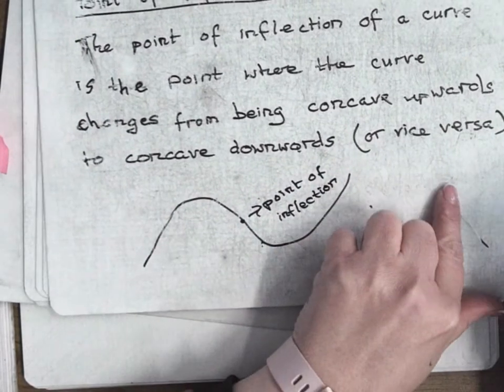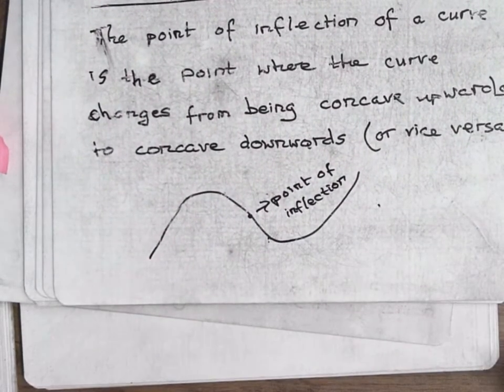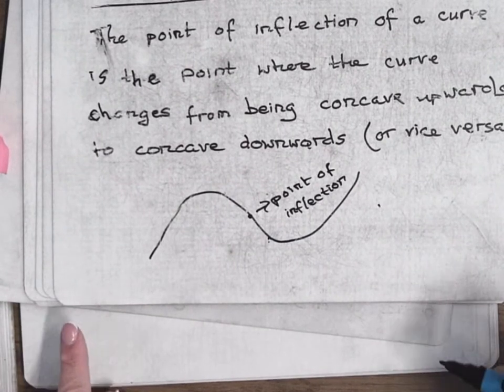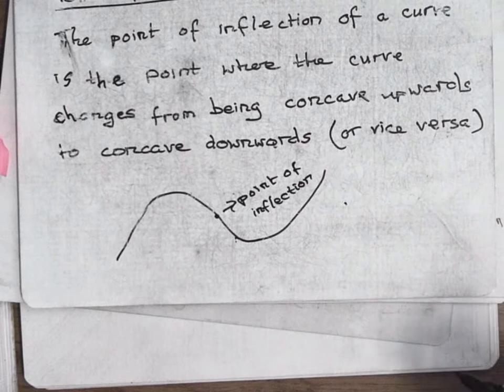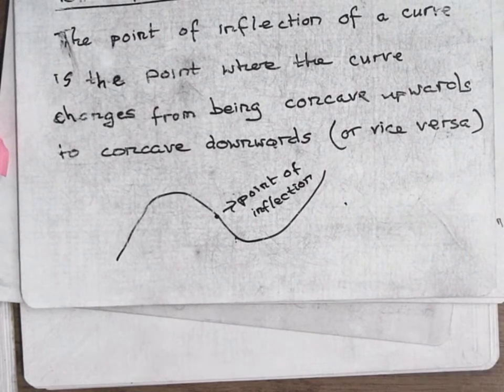At that point the tangents change from all being on one side of the curve to being on the other side of the curve. So it's a point of inflection. As I say, we don't need to know a whole pile about it, only how to get it.